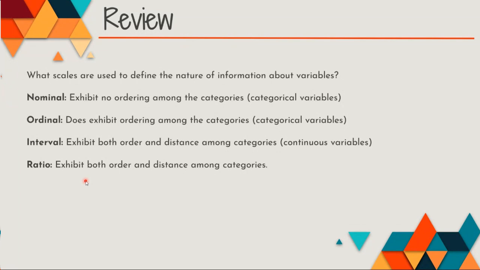It's not something that is quantifiable if you're just using a narrative answer option like strongly agree or agree, neutral, disagree, and strongly disagree. Whereas in interval variables, you do see an example of both order and distance among categories, making it a continuous variable. And ratio variables are just like interval, except that they have absolute 0 as an answer option.